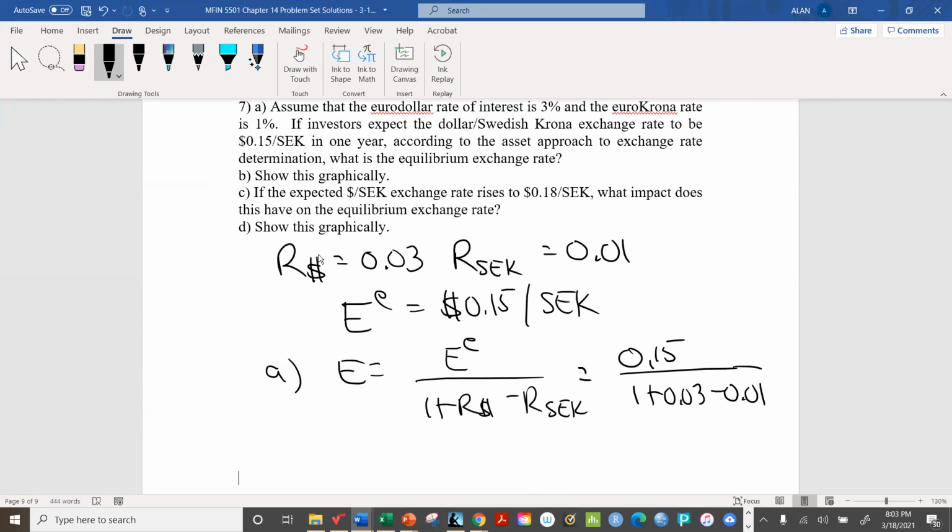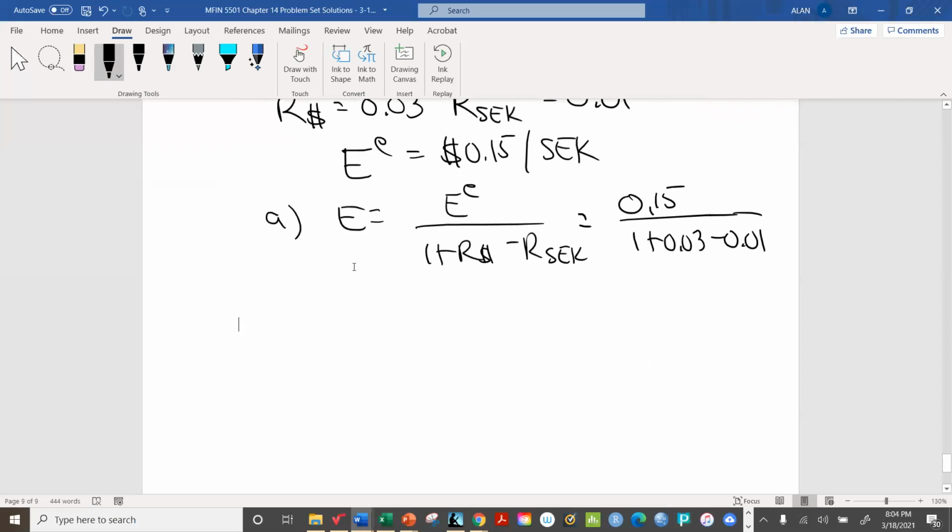And so where do we end up with? This is 0.15 over 1.02, which means that it takes 14.706 US cents to buy 1 Swedish krona.